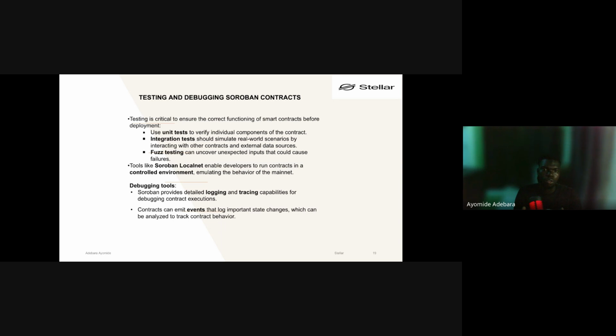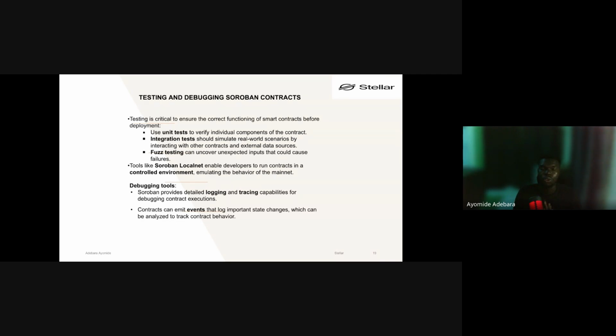Tools like the Soroban local net enable developers to run contracts in a controlled environment, emulating the behavior of the mainnet. What are debugging tools? You can use logging, tracing capabilities, and emitting events, and all of this makes it possible for you to test your smart contracts.